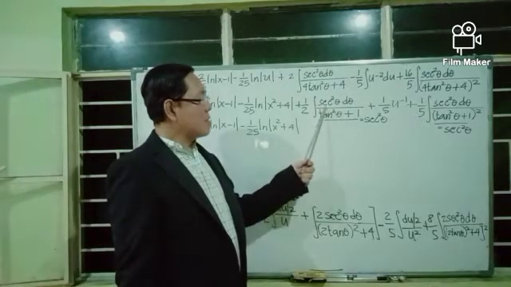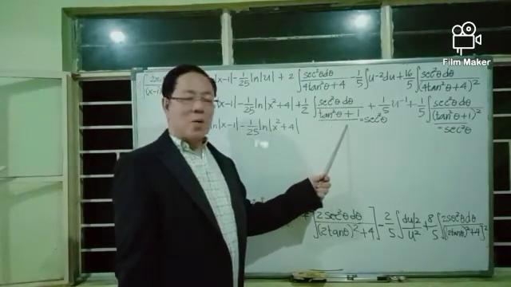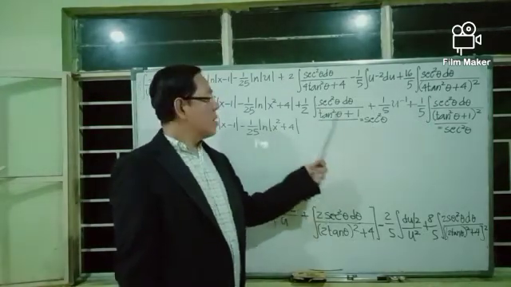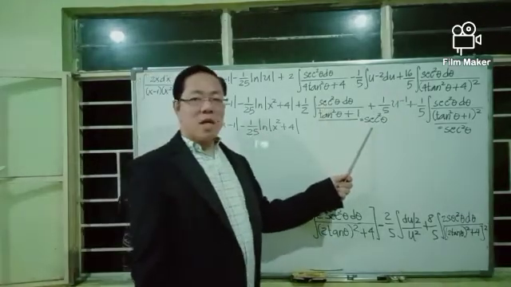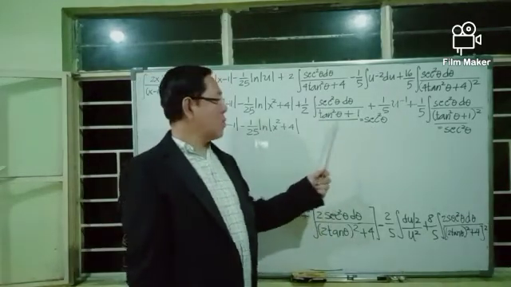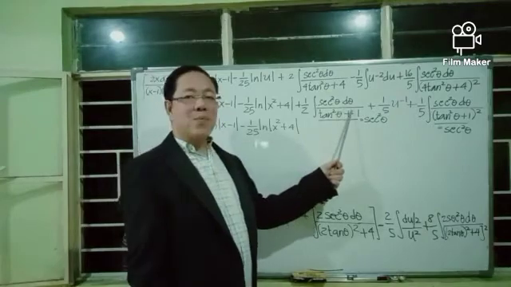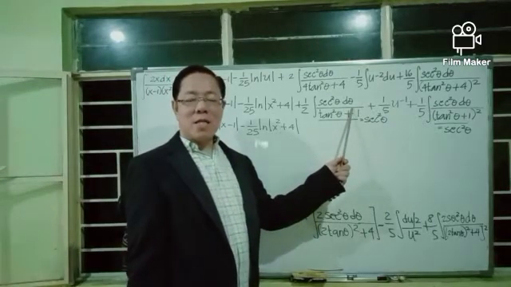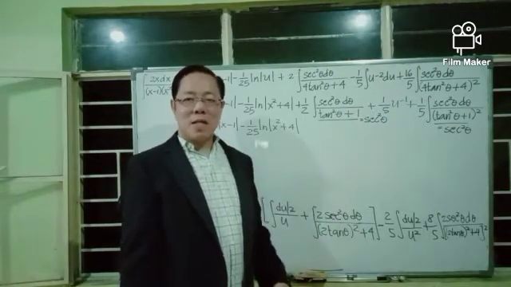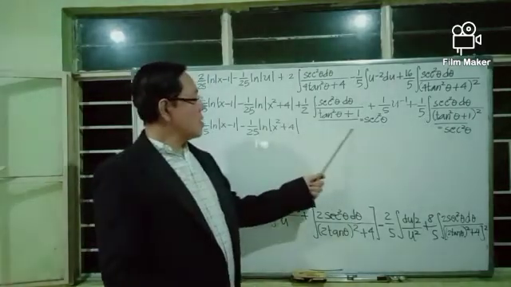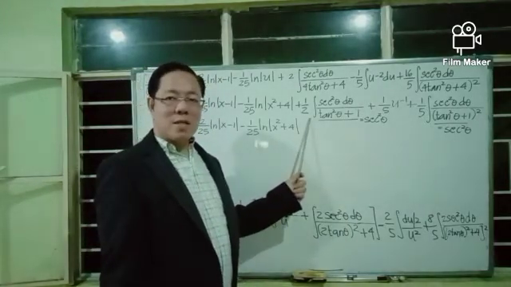If we replace tangent squared theta plus 1 with secant squared theta, secant squared theta over secant squared theta will cancel out, and we are left with the integral of d theta. And the integral of d theta is theta. So this term is equal to 1/2 times theta.